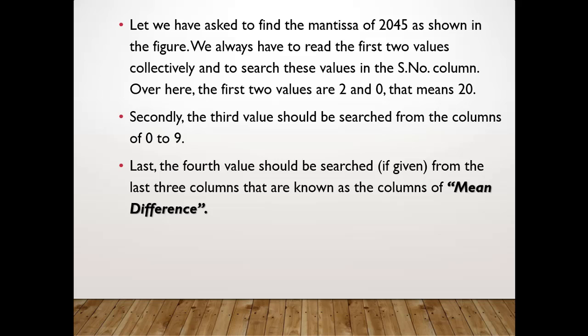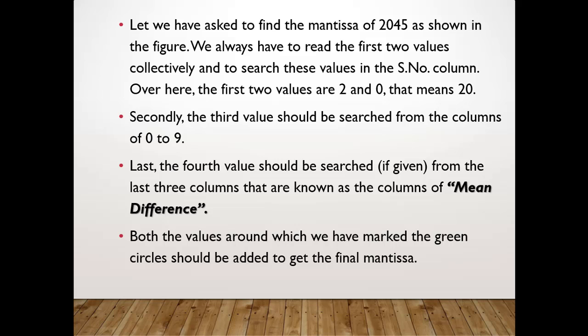Number 3, last, the fourth value should be searched, if given, from the last three columns that are known as the columns of the mean difference. Fourth, both the values around which we have marked the green circles in the previous slide should be added to get the final mantissa. This is the whole procedure of how we can find out the mantissa of that value.